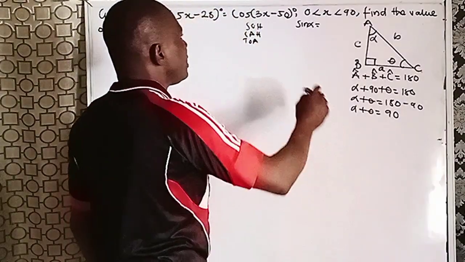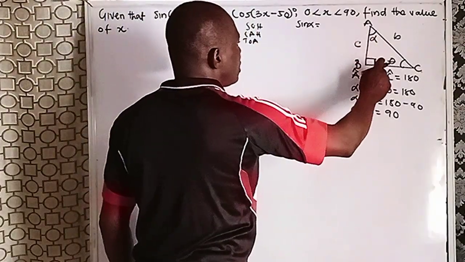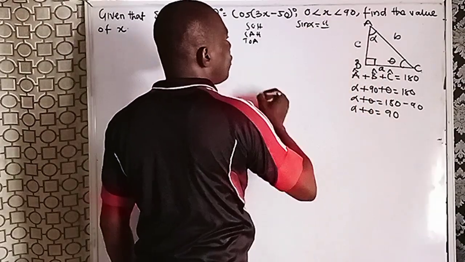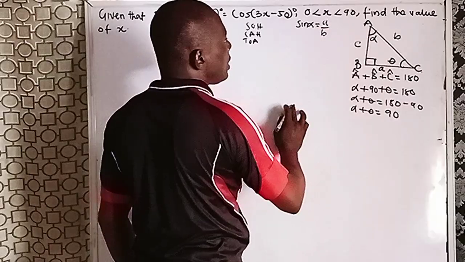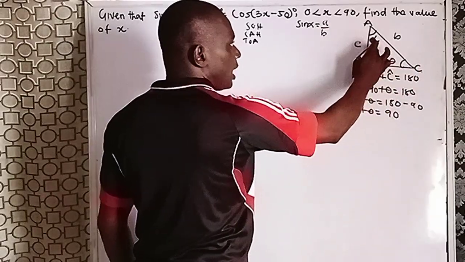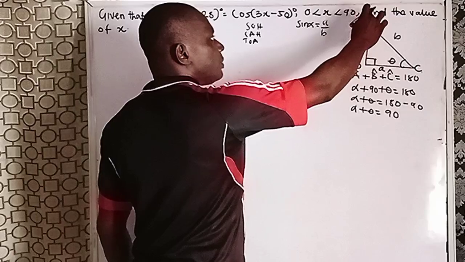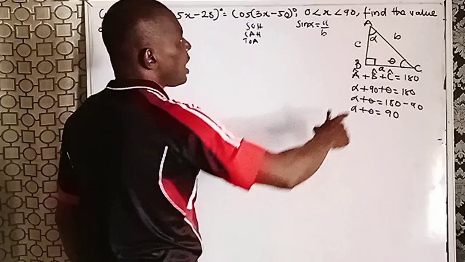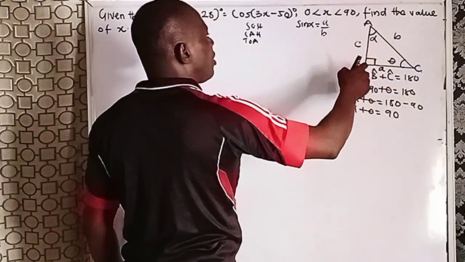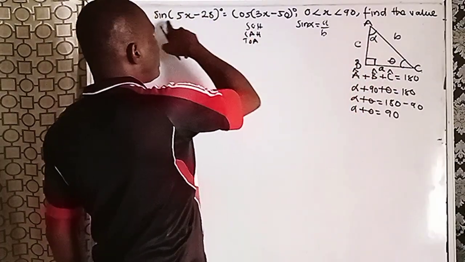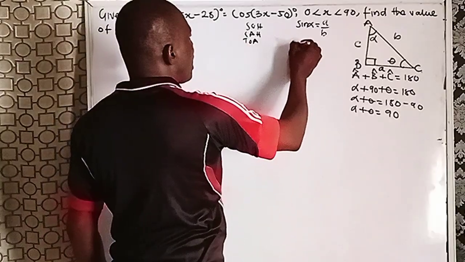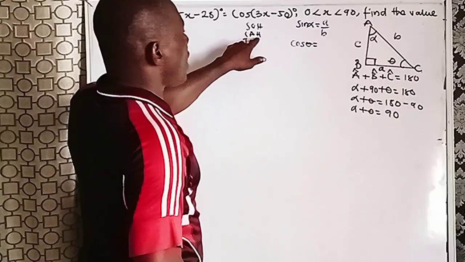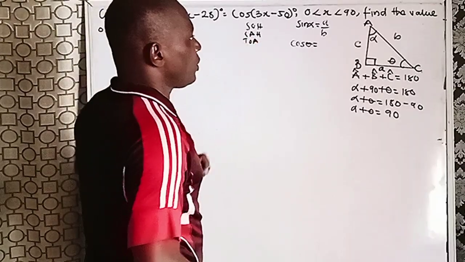So sine alpha is the opposite over hypotenuse, that is a over b, line BC over line AC. Similarly, for angle theta with respect to cos, cos theta is the ratio of adjacent to hypotenuse.